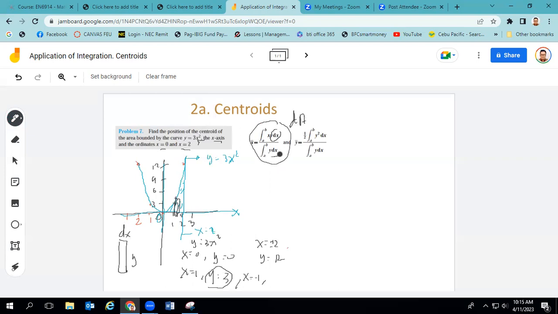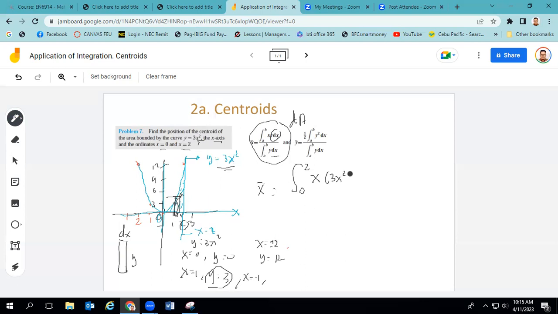So x bar, you have a to b, from 0. The differential strip is traveling from here, going here, so that becomes from 0 to 2. So you have 0 and then 2. X, what is y? This one.